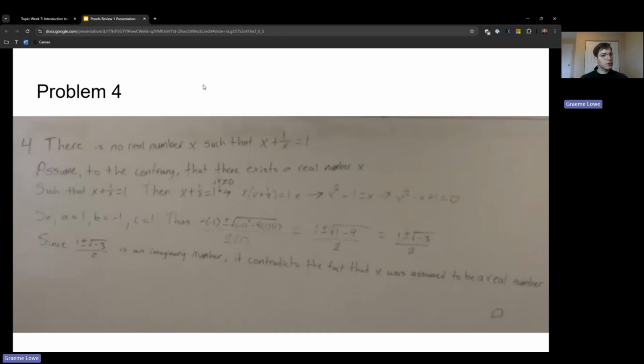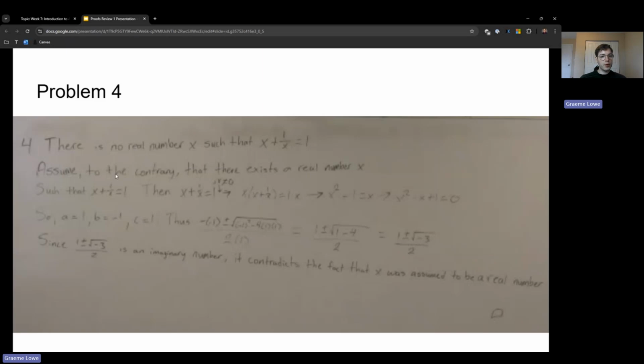All right. So the next one is problem 4 that I got. The result is: there is no real number x such that x plus 1 over x equals 1. This uses a proof by contradiction.